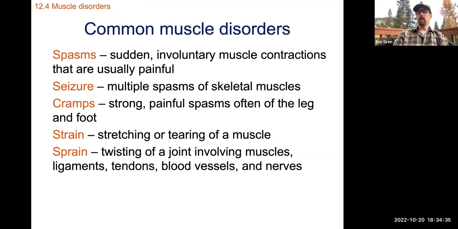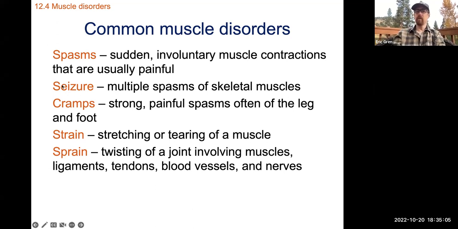Right, some things that can go wrong in muscle tissue: spasms, seizures, cramps, strains, sprains. These are all terms we've heard of before. Spasms are when your muscles start twitching without you telling them to. A lot of times this can have to do with maybe a mineral imbalance. Sometimes things like not having enough potassium in your diet can cause muscle spasms.